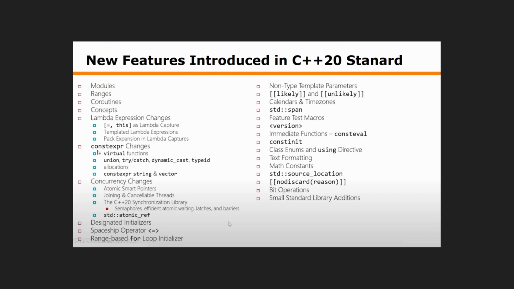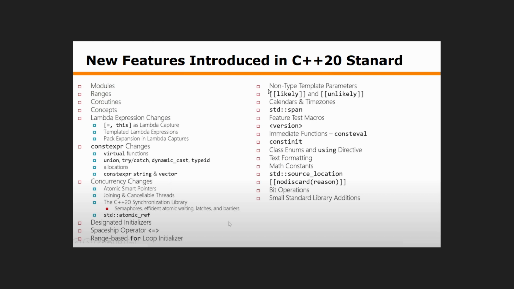As you can see, keyword constexpr changes quite a lot. Constexpr now supports virtual function, union, try-catch, dynamic cast, even typeid. Also, constexpr string and constexpr vector.